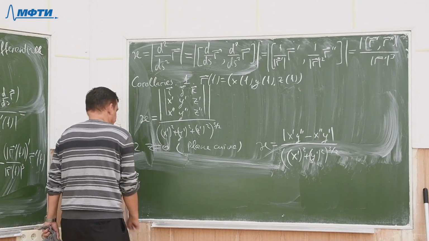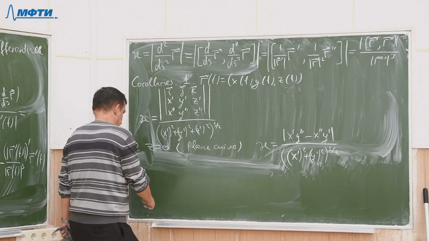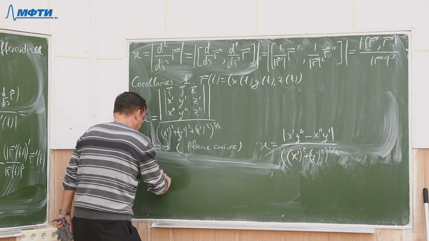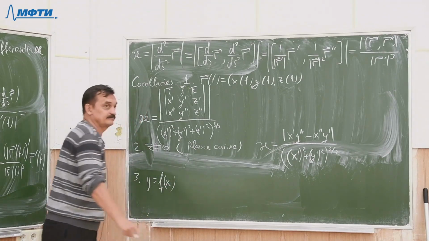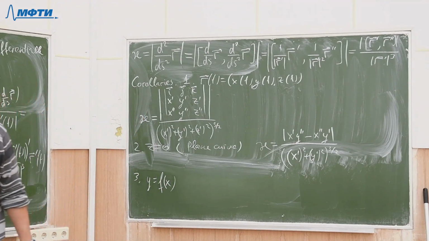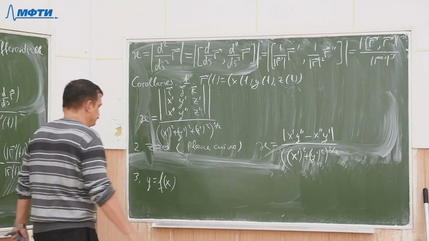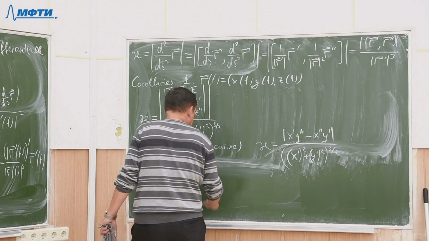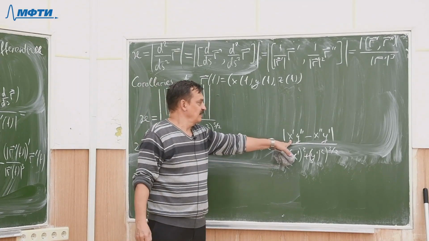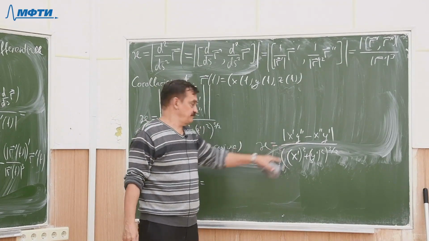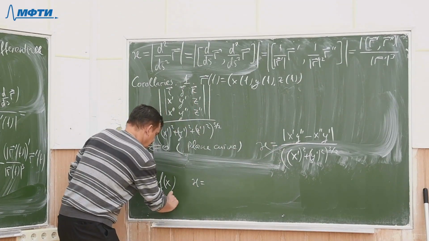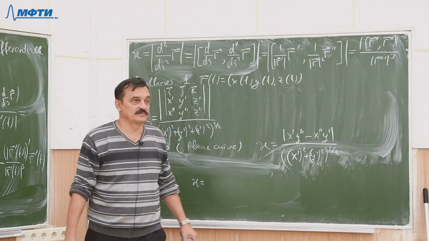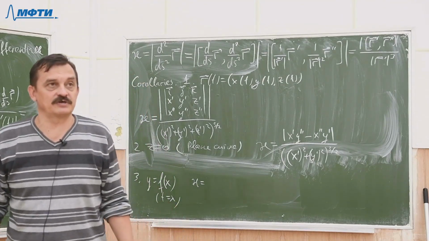Third, y equals f of x. If we are interested in the curvature of the graph of a function, then what happens? There is a particular case when t equals x. Our parameter t equals x.